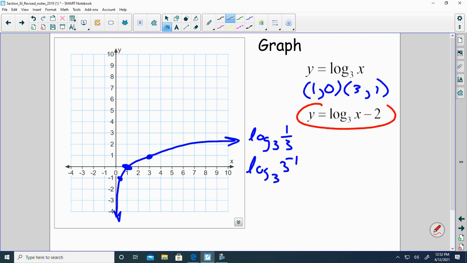This is going to do the same thing as those points, although everything's going to go down 2. So this comes down 2, this comes down 2, this comes down 2.